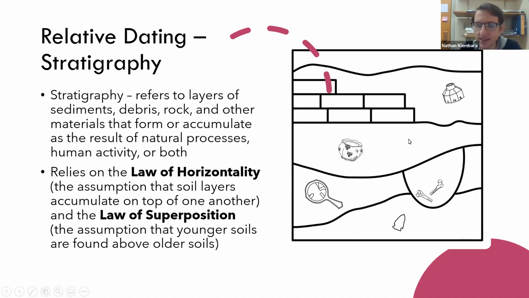Then we've got this next layer with this fancy pot. Then this is where it gets complicated. These bones are probably around the same age as this hand mirror because you dug into the layer before this layer came in. But if we want, we can just work our way up, from oldest all the way up to youngest. And that's how stratigraphy works.